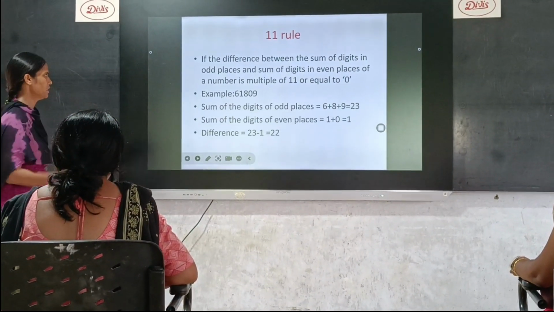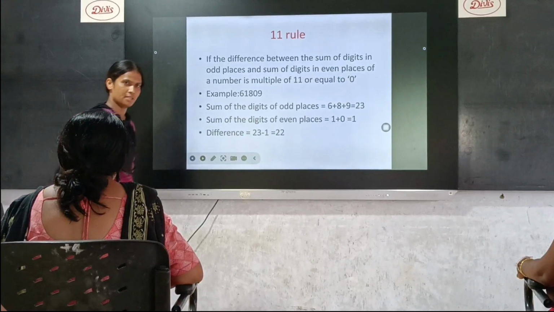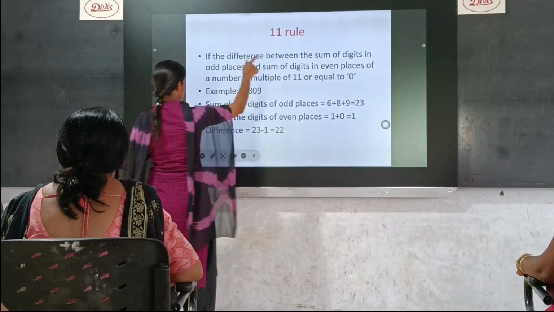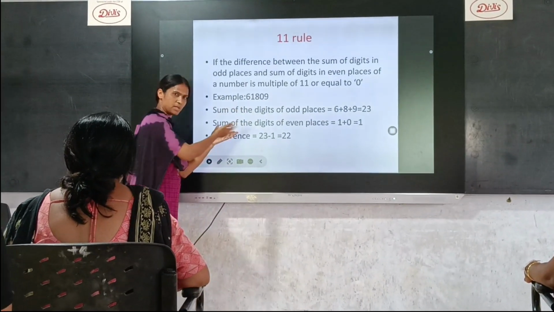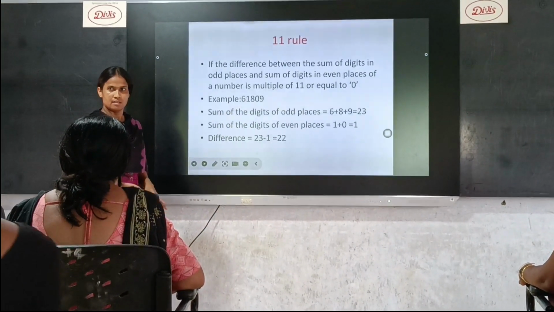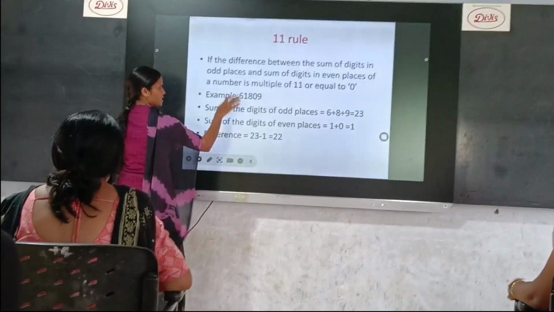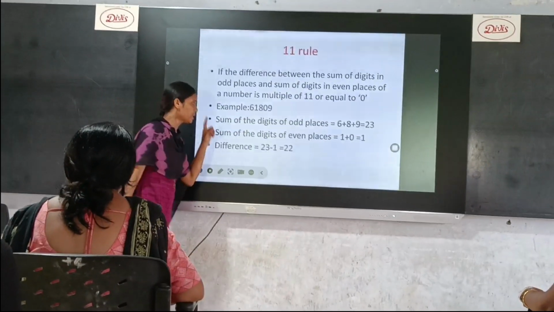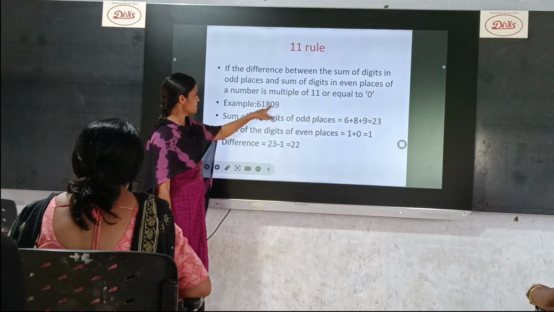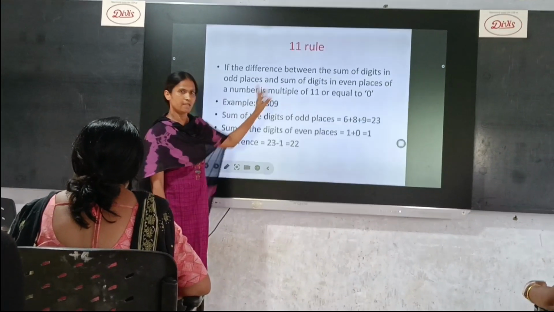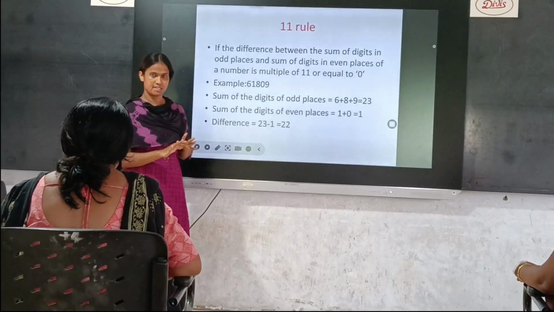Next, the 11th rule. It is different from the others. With an example it is easy to understand. 61,809. First place, second place, third place, fourth place, fifth place. Odd-place digits and even-place digits.